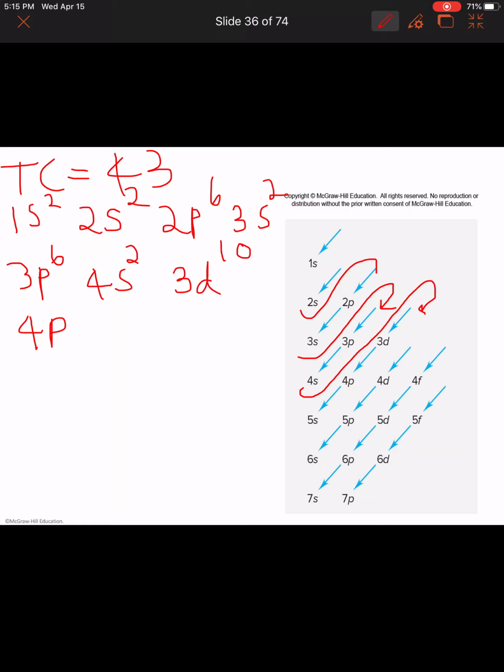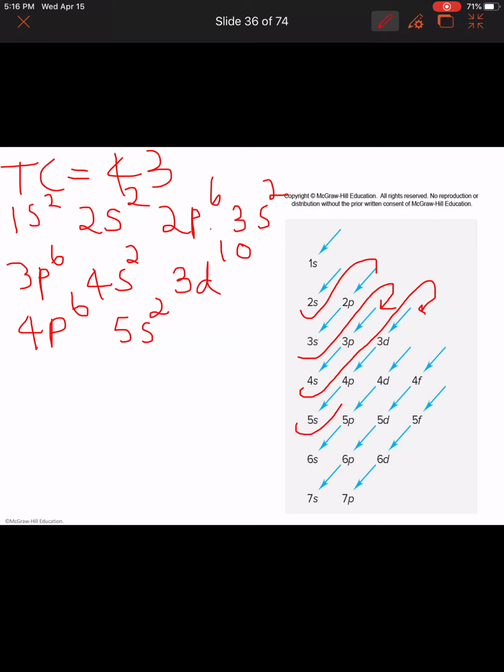Up to here it is 2 plus 2, 4 plus 6, 10, 10 plus 2, 12, 12 plus 6, 18 plus 2, 20, and then 20 plus 10, 30. So we have included 30, so we need more. So now with this 6, that will make it 36. So 4p6 would be 36, and then 5s2, 38.